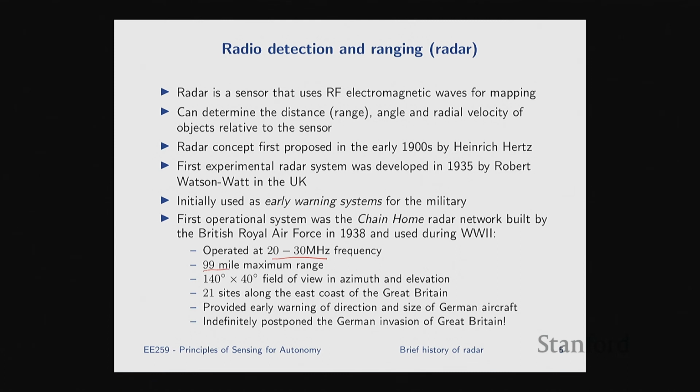And it was purely designed and built as an early warning system for the German aircraft that could come and attack the UK. And it was one of the main reasons that the Germans never successfully attacked the UK during the war, because Chain Home did such a nice job of the early warning. So they had 21 sites along the coast.